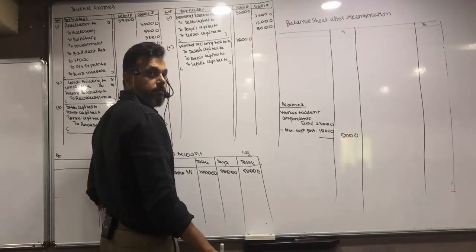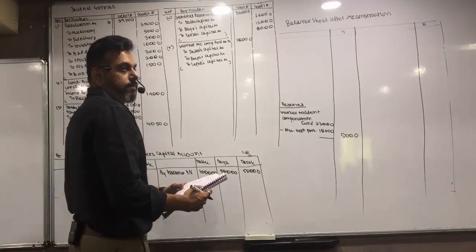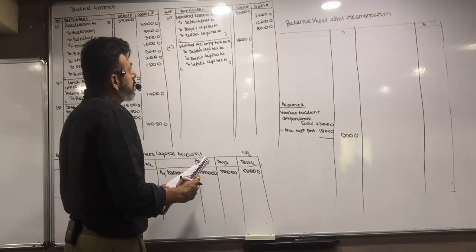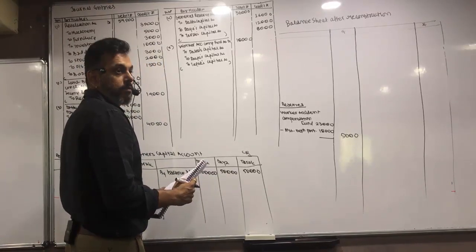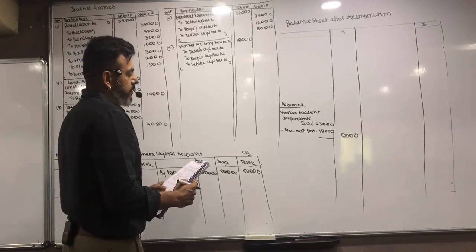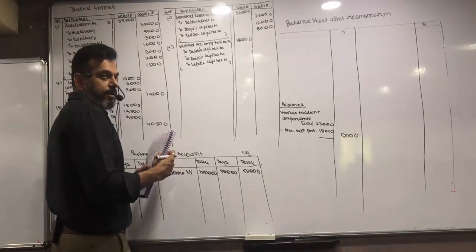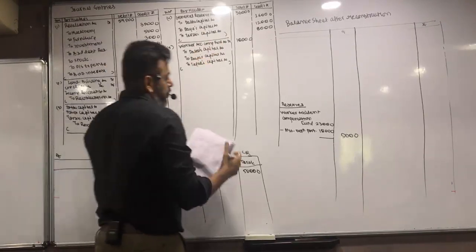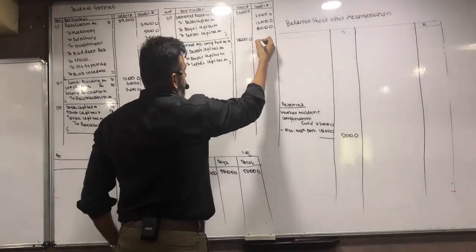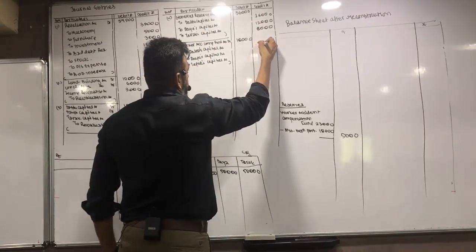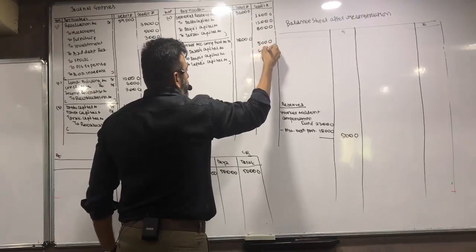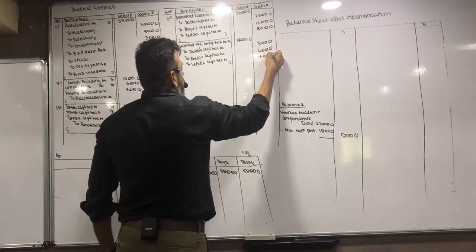Let's calculate it together. So 18,000 in the ratio 4:3:2, so 9, so 8,000, 6,000, 4,000.